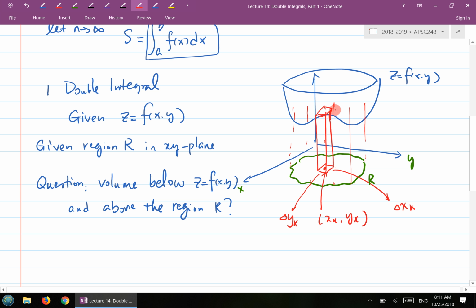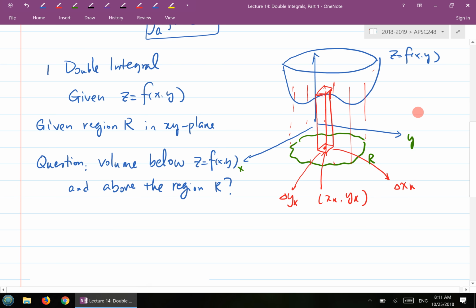Extend it up until it meets the top surface. When you sketch it, it's not going to be a rectangle anymore, but a small patch on the surface f of x, y. Now I can formulate the question.